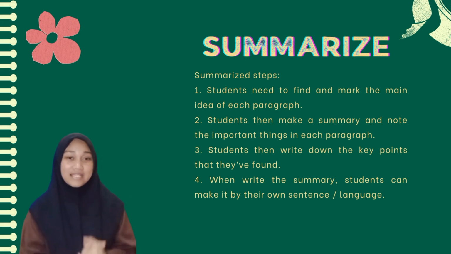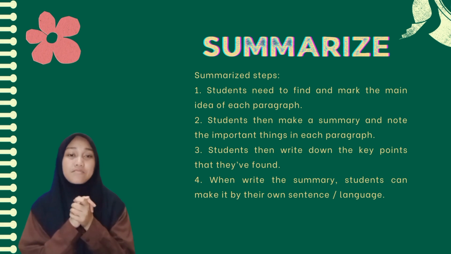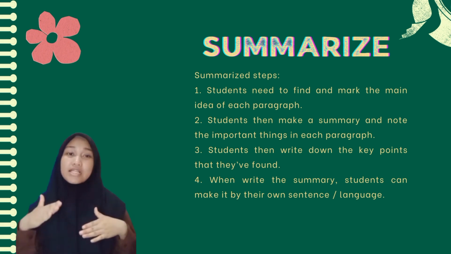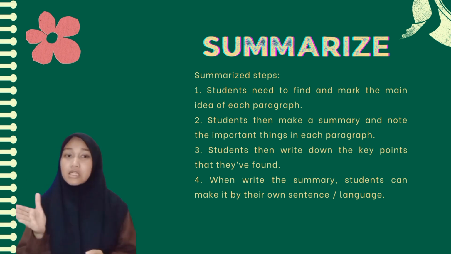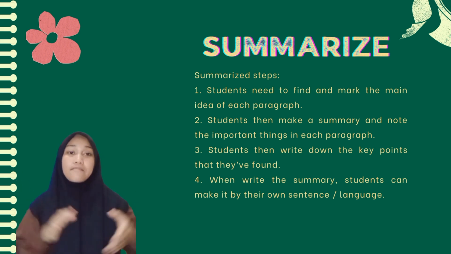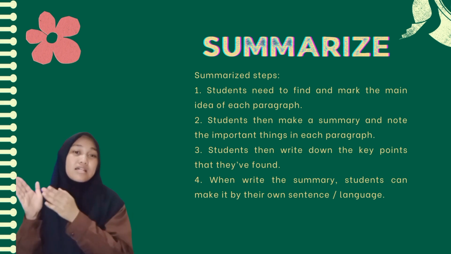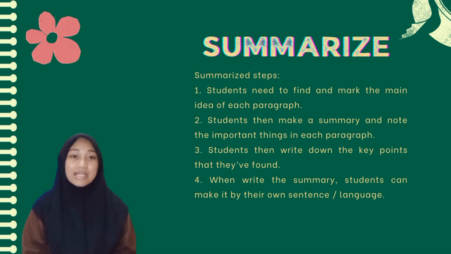After finding the main ideas, students can start making their summary by combining all the main ideas from each paragraph using simple words or simple language, and they do not need to write a long paragraph, but just a short one. It's shorter than the real text, and then your summary is done.